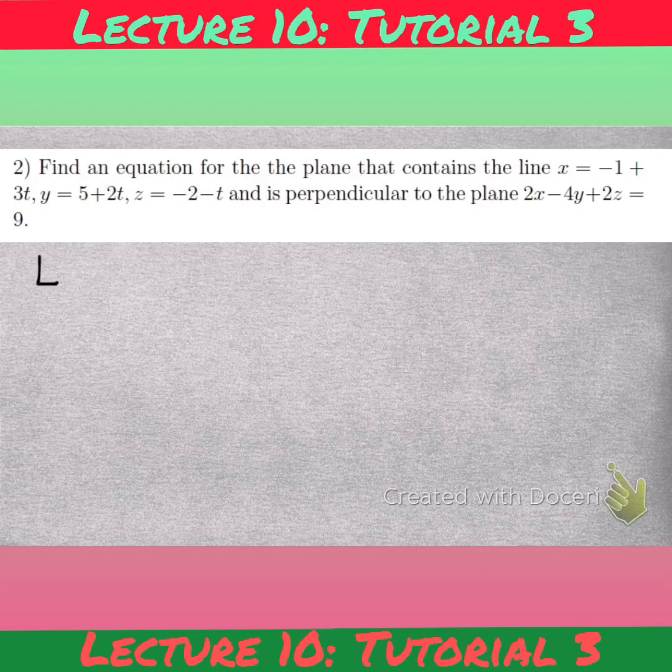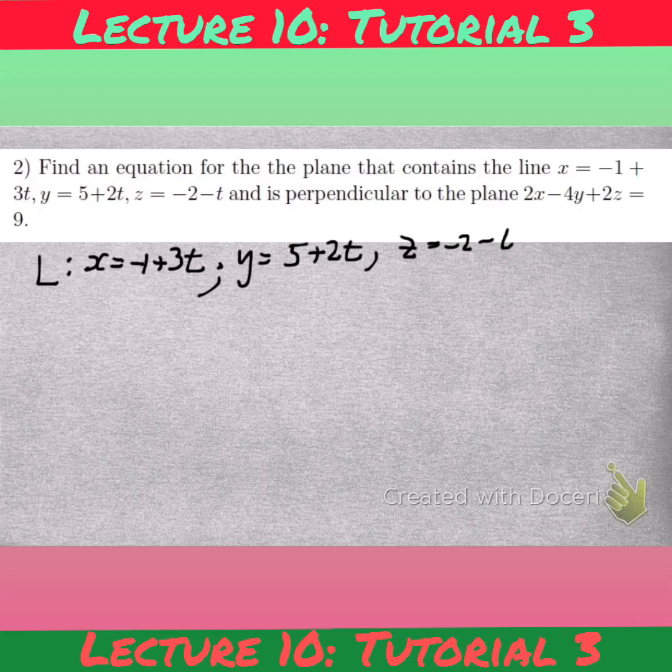So basically the line is this line here, x = -1 + 3t, y = 5 + 2t, and z = -2 - t. So that's the parametric equation of that particular line.